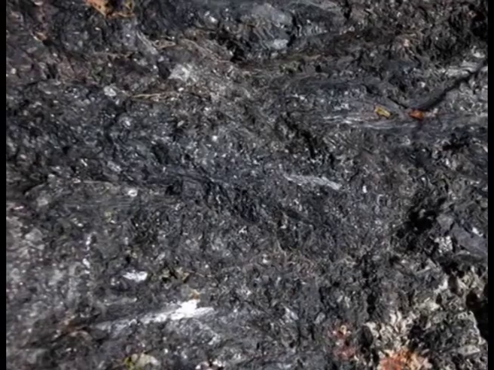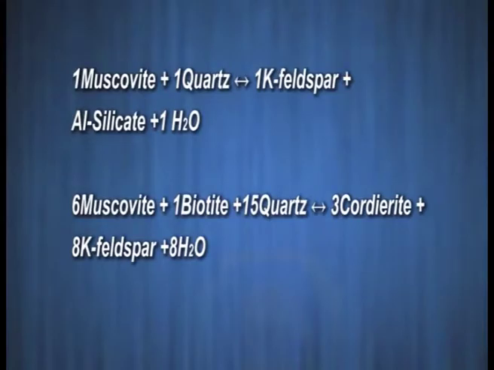It would be expected that the formation of orthopyroxene on the one hand and the decomposition of orthoamphiboles and hornblende on the other hand would take place at the same condition at which the reactions muscovite plus quartz give rise to potash feldspar plus aluminosilicate plus water, and another reaction, muscovite plus biotite plus quartz give rise to cordierite plus potash feldspar plus water, take place.